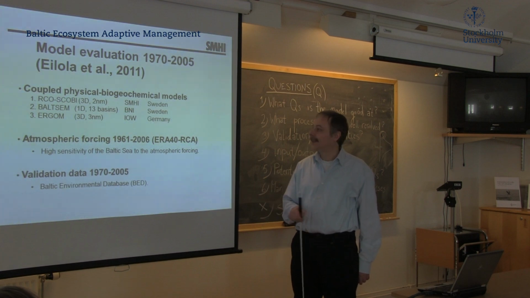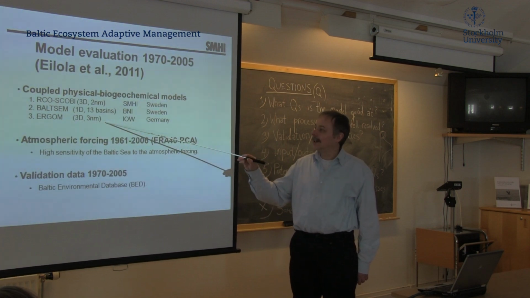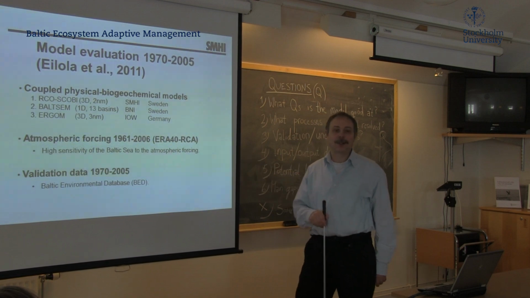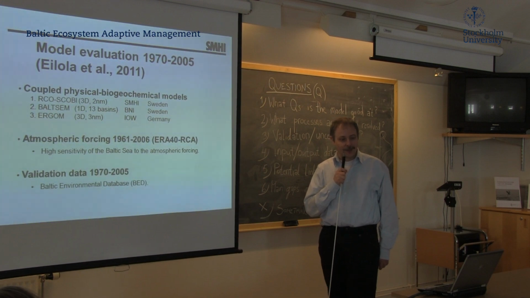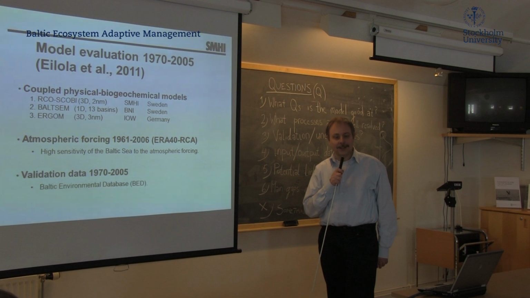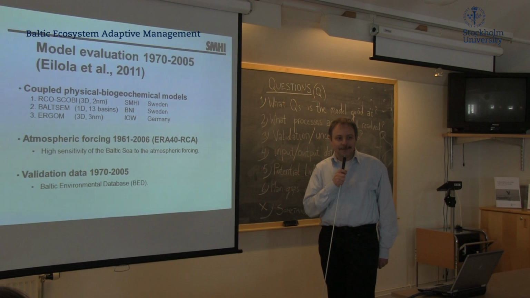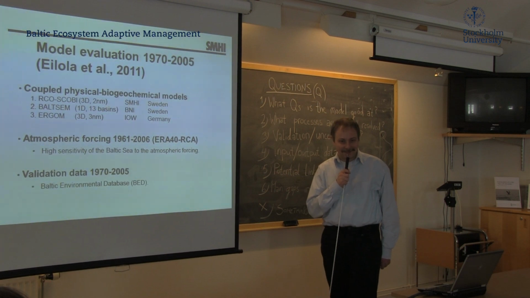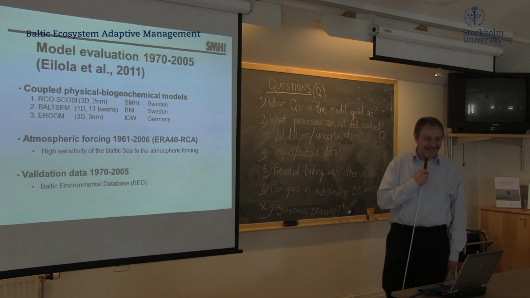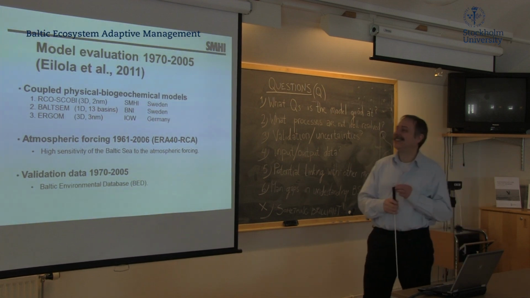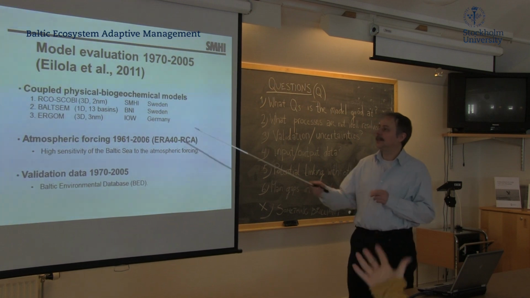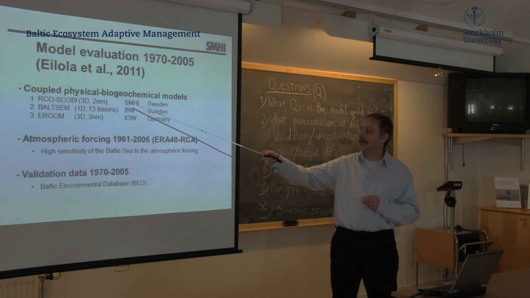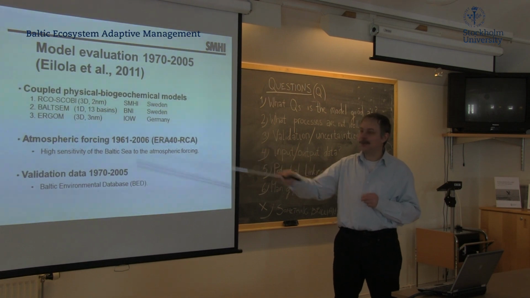Okay. The German one. The Germans have some details that are quite different. For instance, I will come to that later on: the bioavailability of the nutrients, the assumption of what of the external loads is bioavailable. So it differs in Sweden and Germany. In principle, the basic setup at SMHI, BNI, and IOW is very much the same.